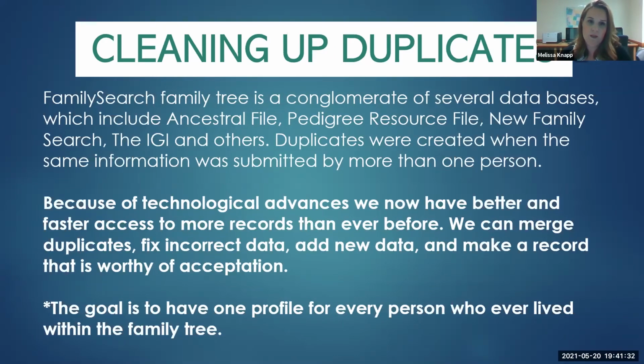Now, why do we want to get rid of those? Well, because the whole purpose of FamilySearch family tree is to have one profile for each person, because we want their records attached to their person page. We don't want it split. If the computer system is sending records to this one profile, but the family is looking at another profile, they might not get the whole story of their ancestor.